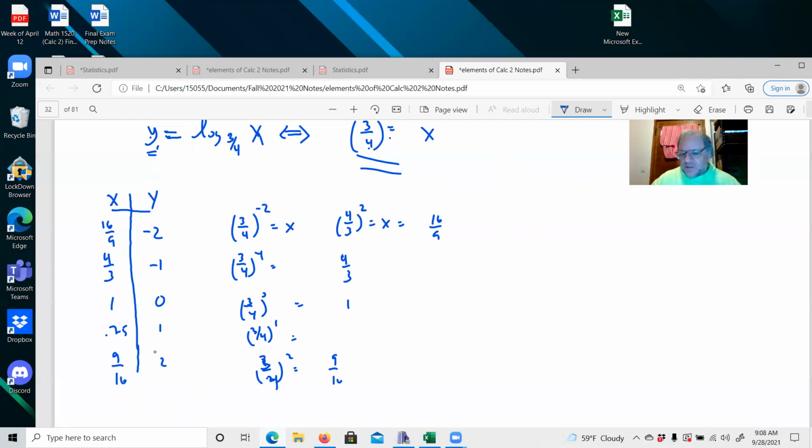Again, close to 8/16, so 0.5-ish, a little bit bigger. 0.75, 1, 4/3 is 1.33, and 16/9 is not quite 2, maybe 1.9.